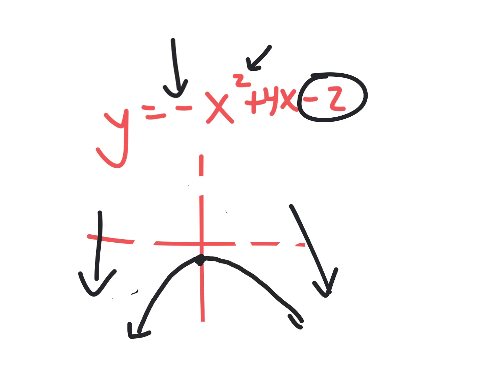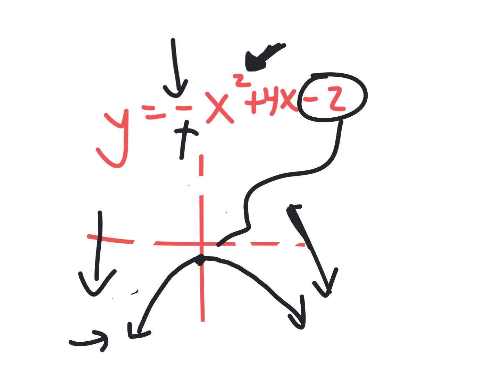Mine's down on the right because of the negative. Mine's down on the left because this is the same. Even ones, it's the same on both ends. And then negative 2 is the y-intercept. So that's how I drew mine. Yours could have looked slightly different, but yours had to be down on the right and down on the left and have a y-intercept of negative 2.